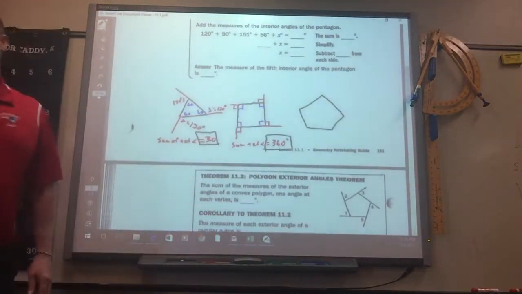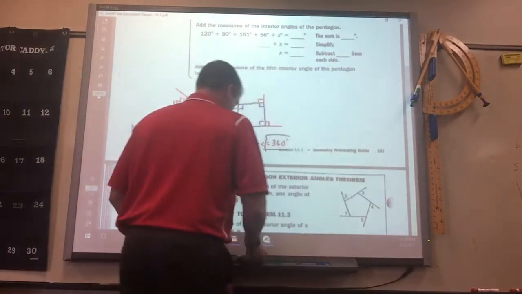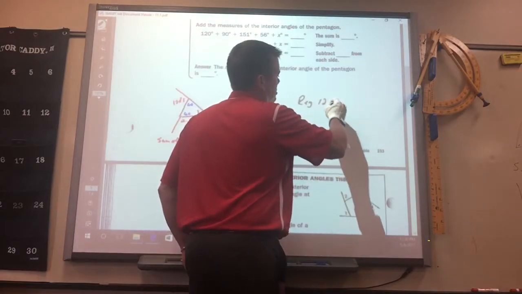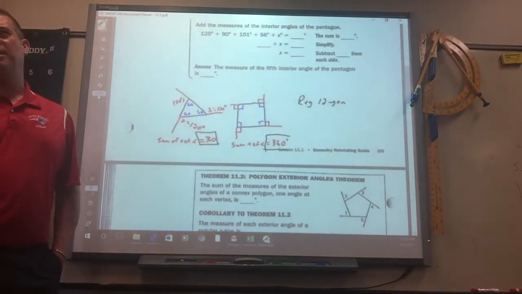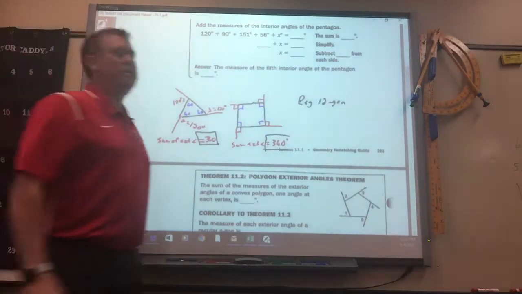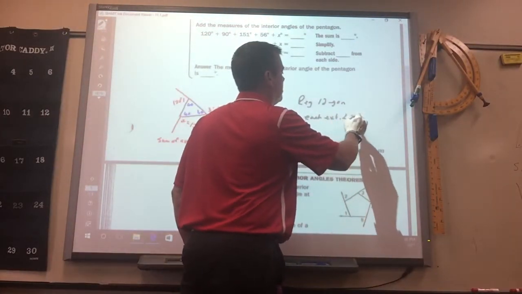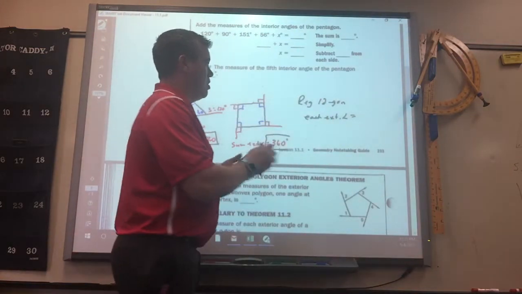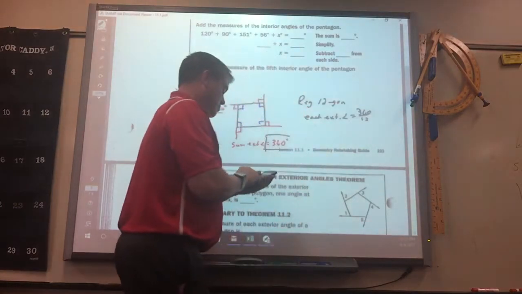Say you had a regular dodecagon, we'll just say 12-gon, and they asked, what is each exterior angle? There's 12 sides, so there's 12 angles, so you just go 360 divided by 12.